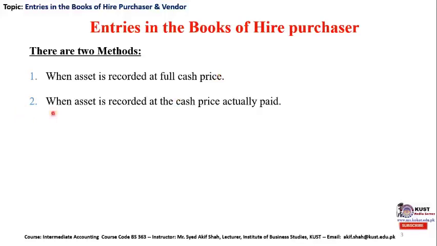And the second method is when the asset is recorded at the cash price actually paid. In the second method, the hire purchaser slowly and gradually, with respect to the installments, capitalizes the asset purchased in its books of account.